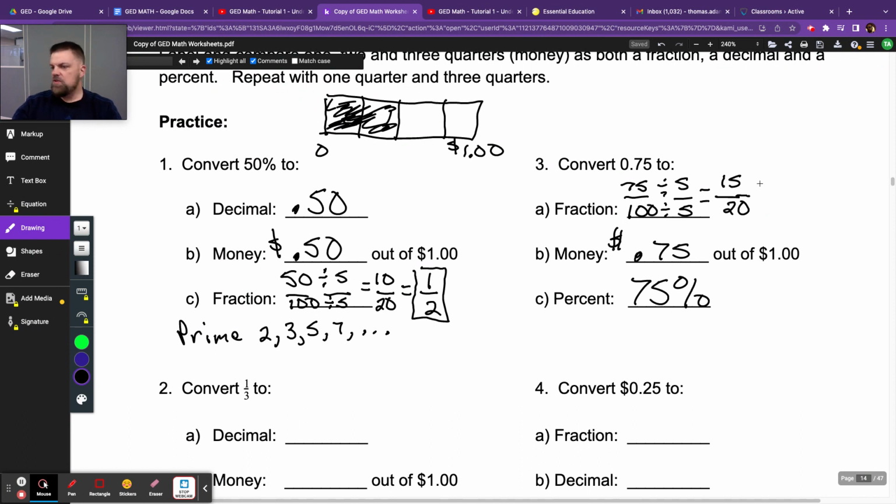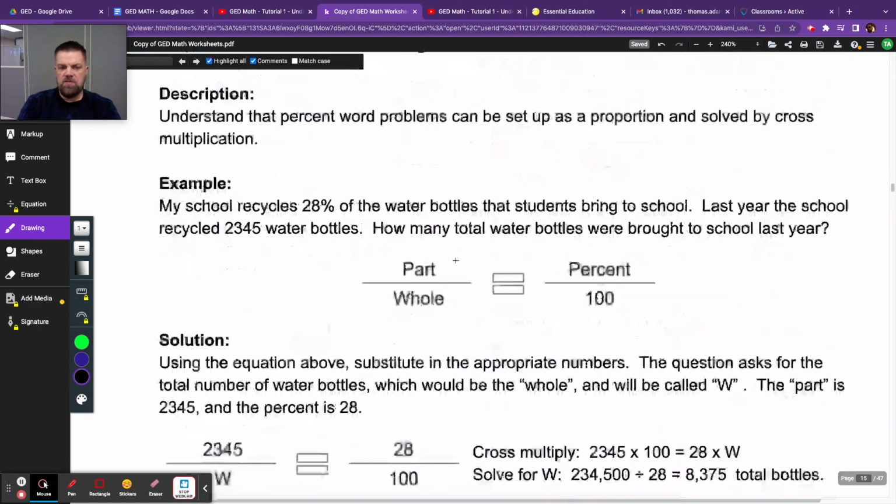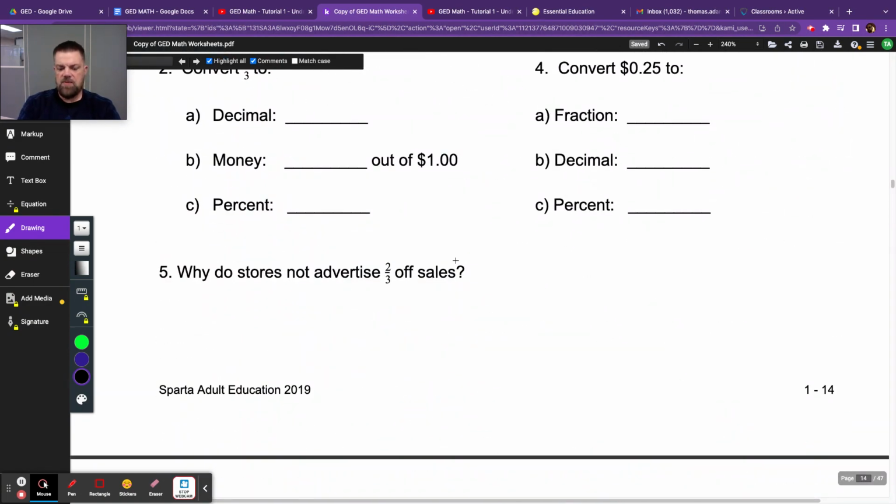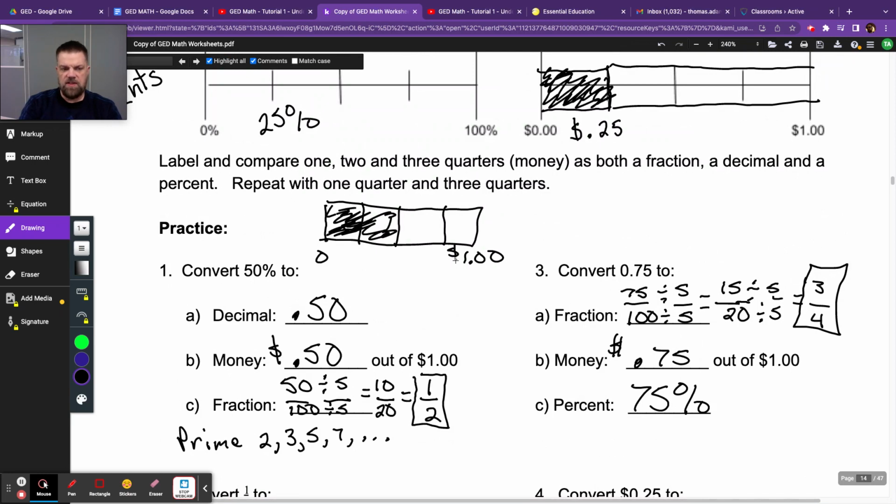Yeah. So we just do it again. That's why it's called prime factorization. We just keep dividing by prime numbers until we can't divide anymore. What's 15 divided by 5? Is it 3? Yeah. And then 20 divided by 5 is 4. So that's the fraction, 3/4. We'll come back to 1/3 in a second. That one's going to be not as much fun.